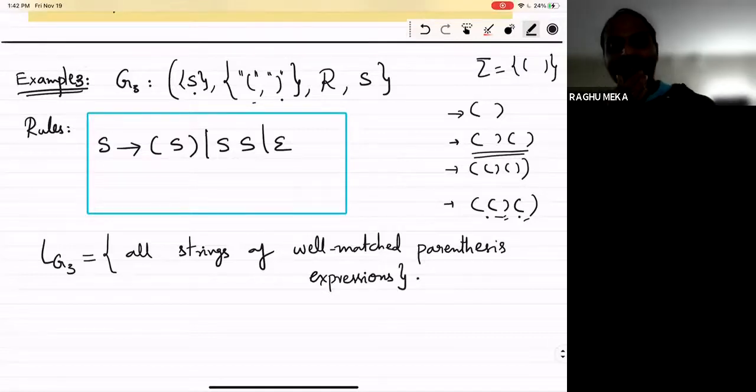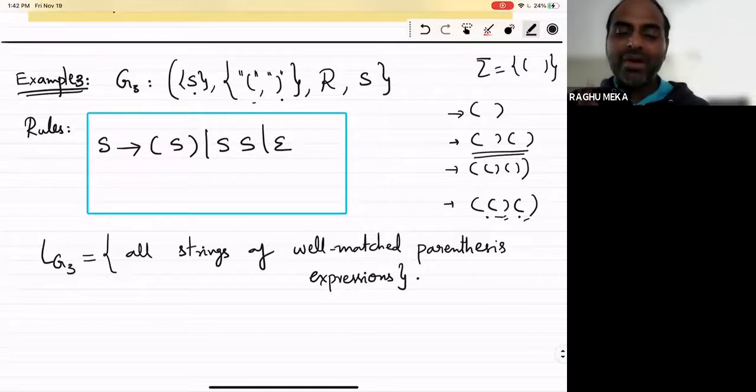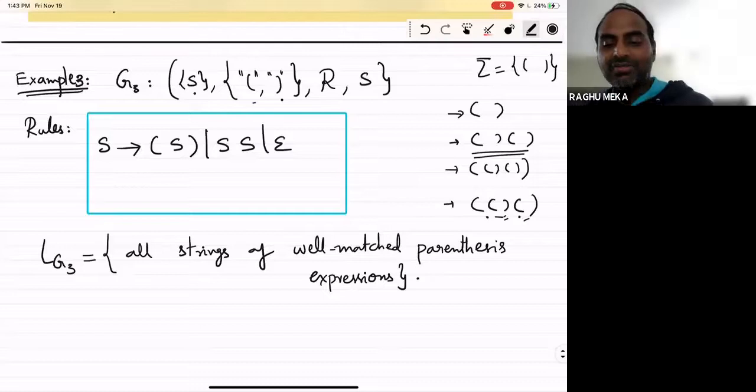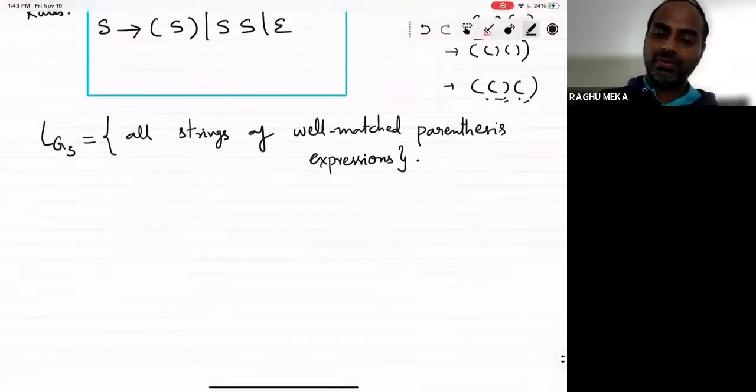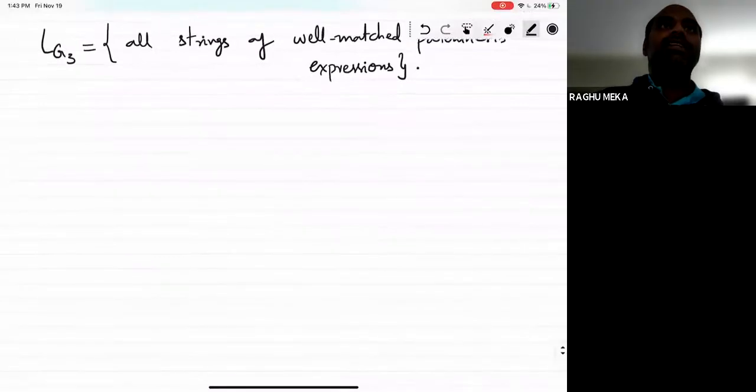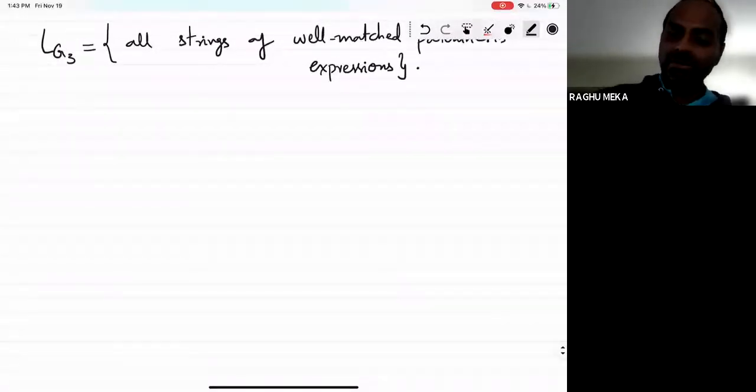Okay. So you can see that context-free grammars are seemingly quite powerful, right? You can just have 3 rules here, and somehow generate all well-matched parenthesis expressions. Okay. And that's one of the reasons why people studied context-free grammars.